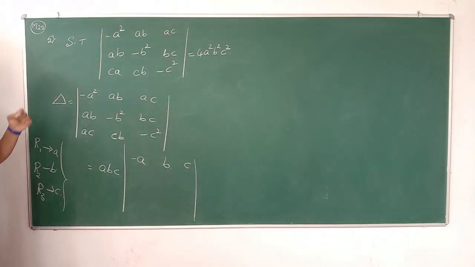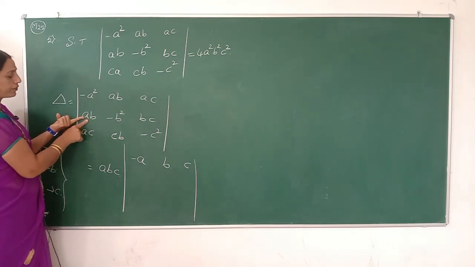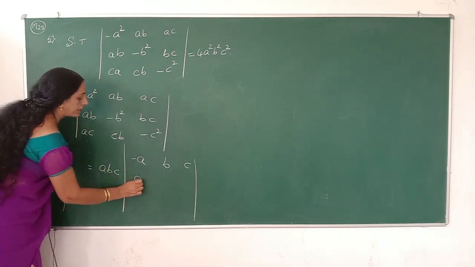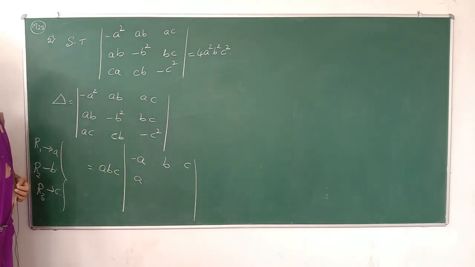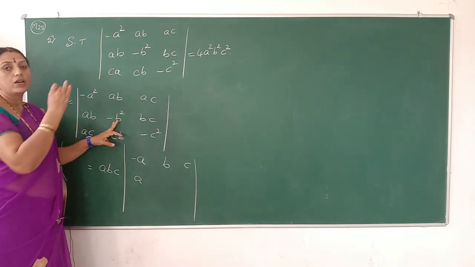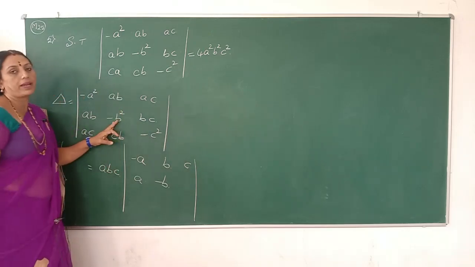So only a is taken as a common factor from the first row. Similarly, in the second row, b is the common factor. What are the remaining elements? From a into b, taking b outside the determinant, the remainder is a. From minus b square, taking b out, the remainder is minus b.